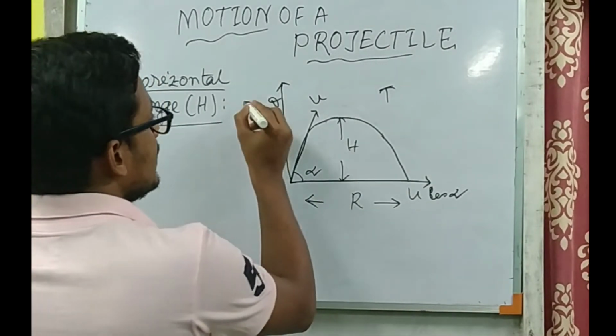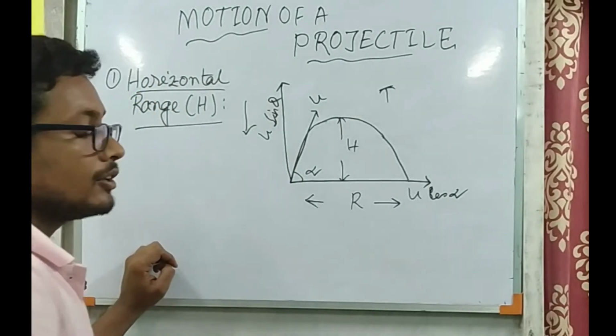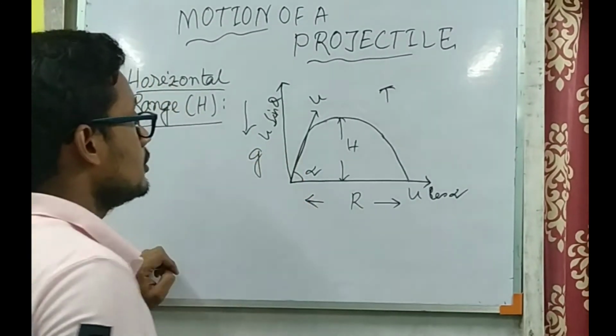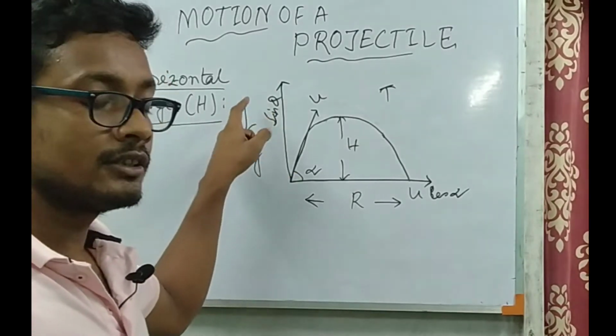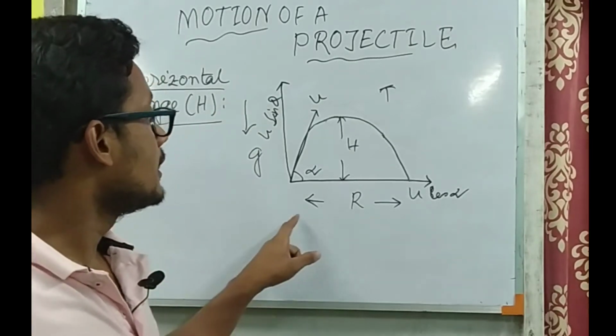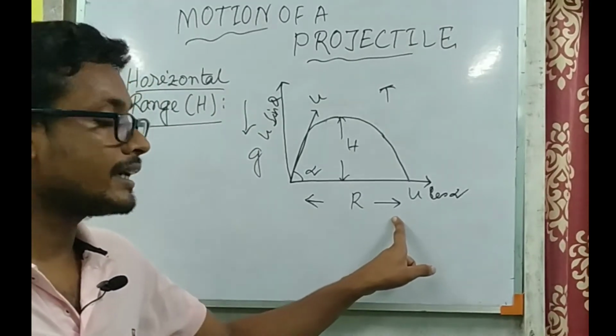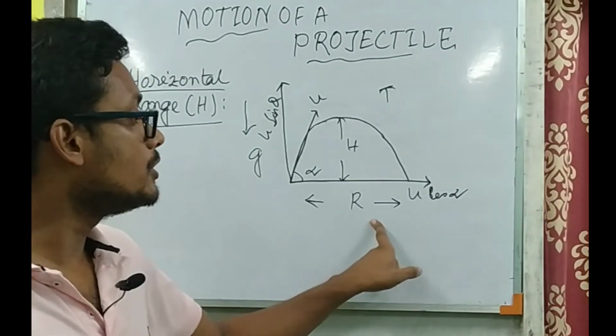The gravity acting on the particle is downward. So the u sin alpha component would gradually decrease in the upward direction, and in the u cos alpha direction no gravitational force acts, so u cos alpha will provide the uniform velocity.